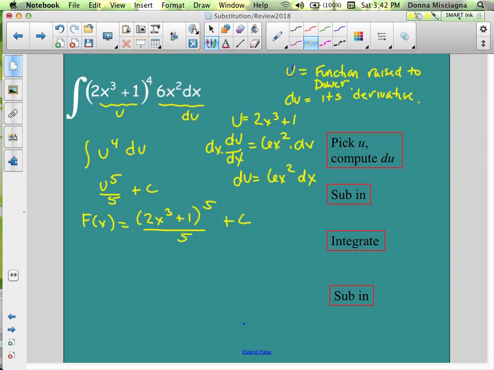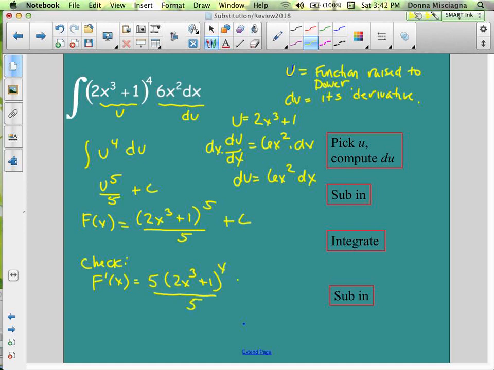And we can always do a check. Take the derivative. F prime of x equals, the derivative of blop to the 5th power would be 5 blop to the 4th power. And you still have that divided by 5 there.